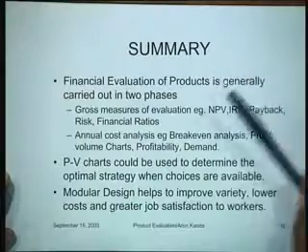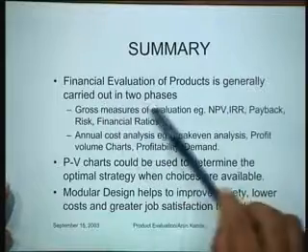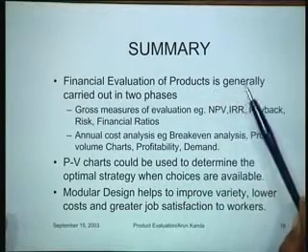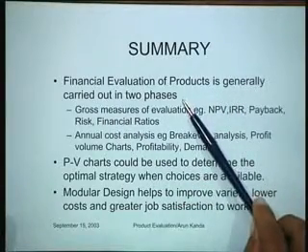Finally, let us try to summarize what we have tried to do in this particular lecture. We have seen, for instance, that as far as the financial evaluation of products is concerned, it is generally carried out in 2 phases.